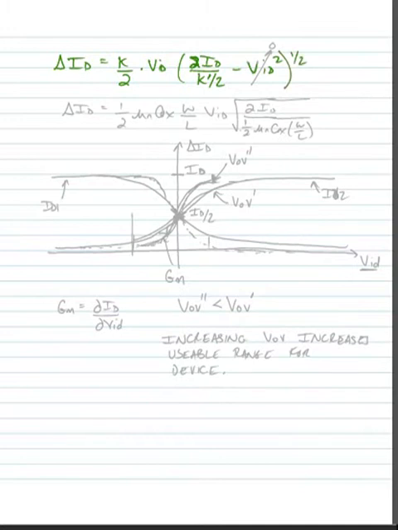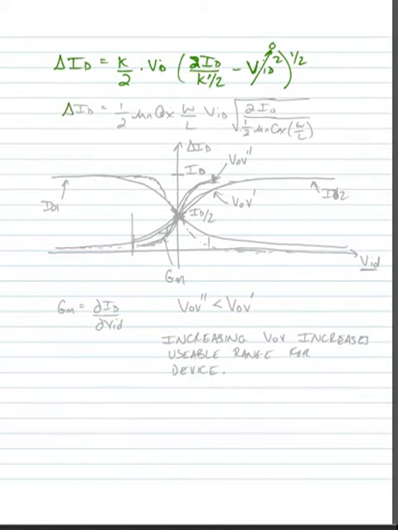Now if we realize that our input differential voltage should be a small signal, then this VID squared should be much smaller, so we can neglect this term.